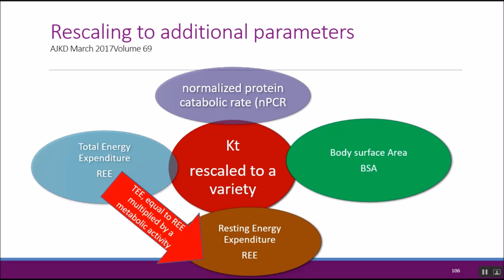The importance here is to compare patients' gender and weight as well as activity. So three factors are important: the difference in gender, the difference in weight, and the difference in activity of the patients.